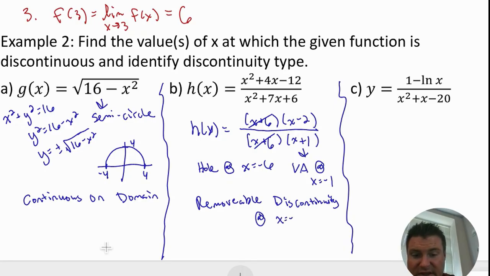And we have an infinite discontinuity at x equals negative 1.